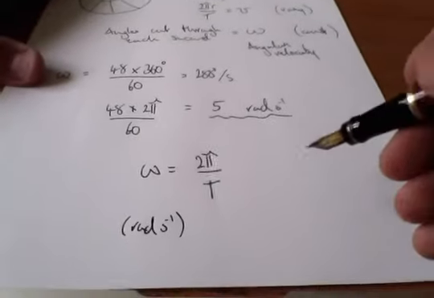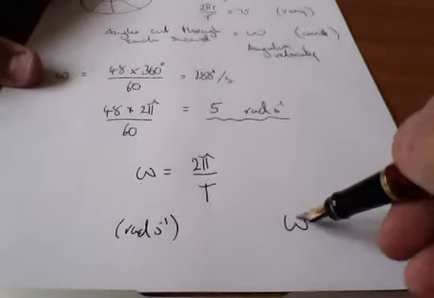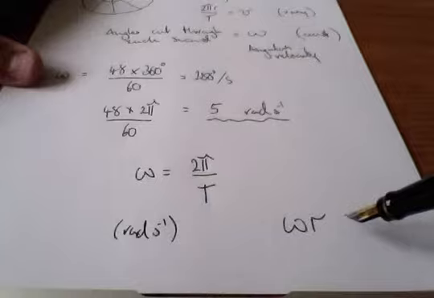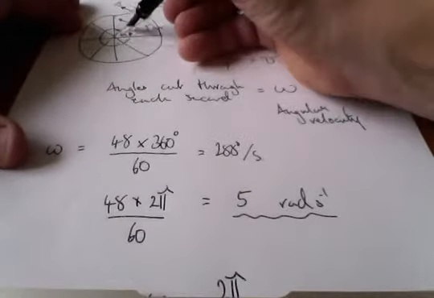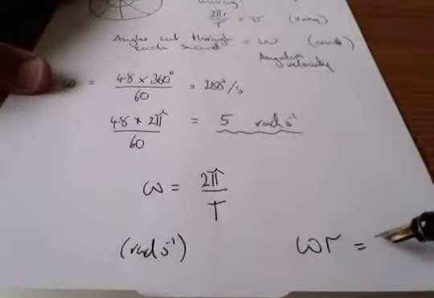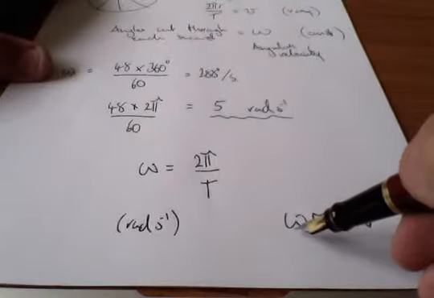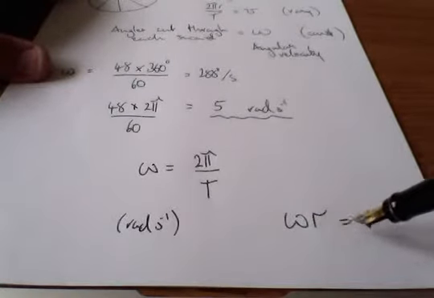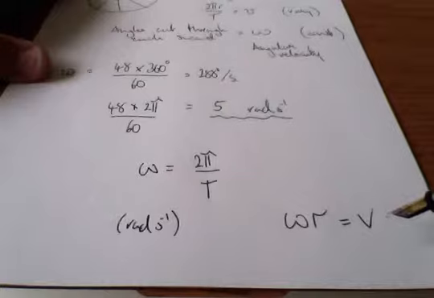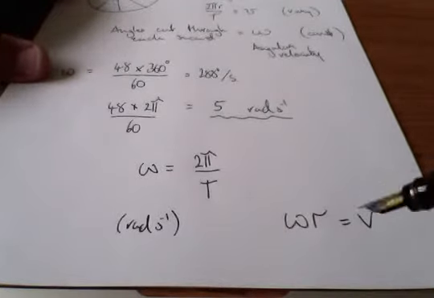So if I multiply omega by the radius of whatever point I'm dealing with, that gives me the velocity. Omega, angular velocity, times radius, is the radial velocity.